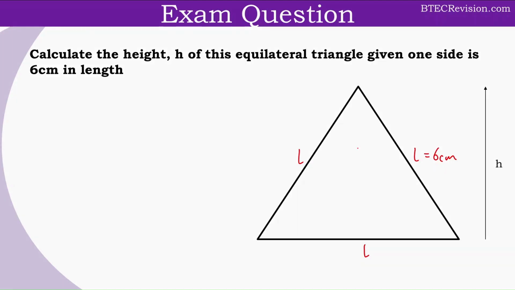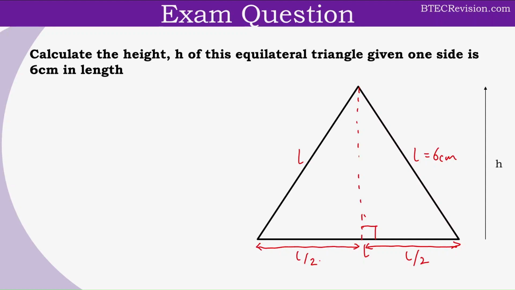We need to break this question down. We'll break this triangle into two halves, right down the center, and this will give us a right angle. Now, since it's an equilateral triangle, we know this length on the right side is equal to L over 2, and same for the other side, that's L over 2.